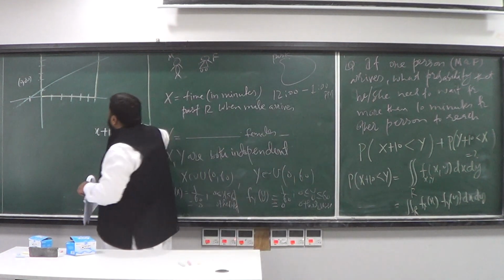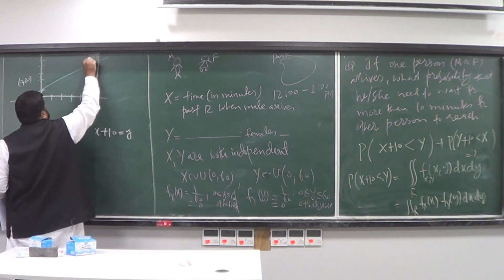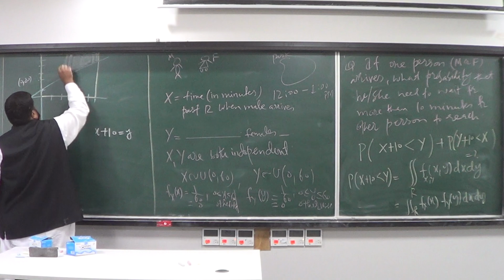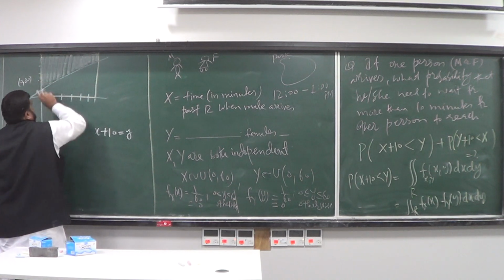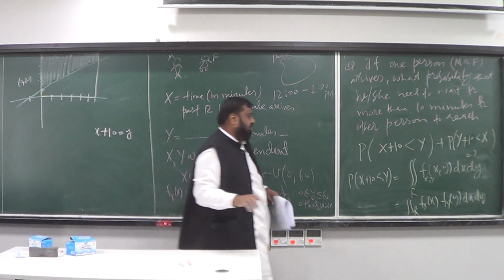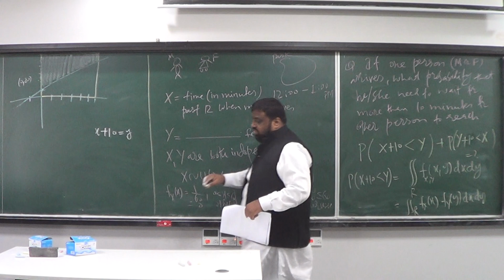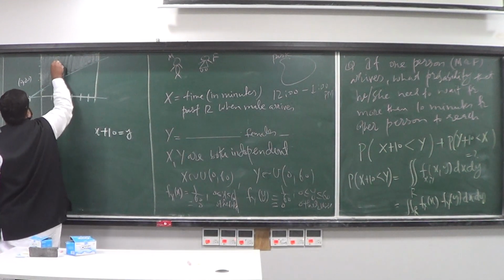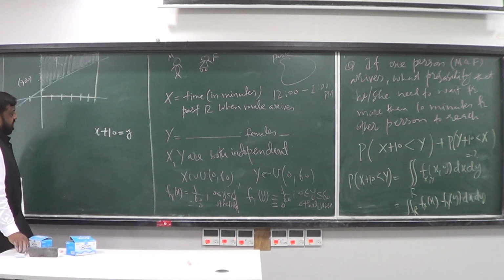So the region where this constraint is satisfied and the product of these two things is non-zero is this region. This is the green region R that you are talking about.